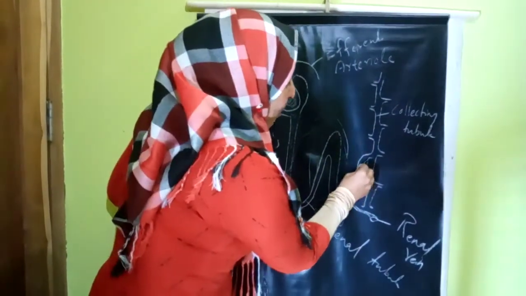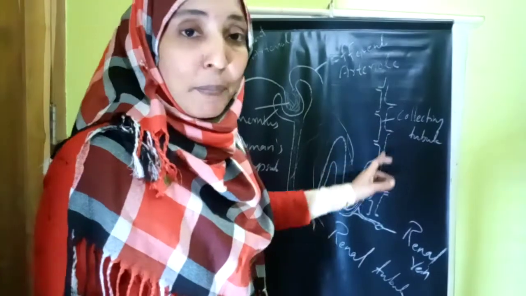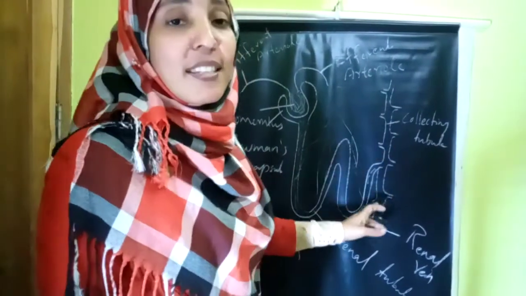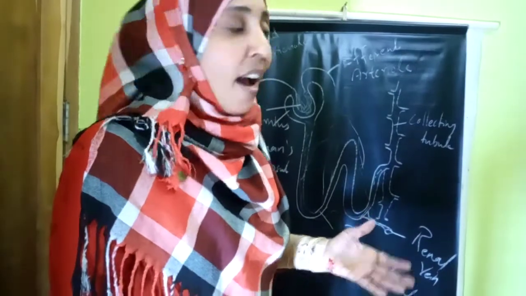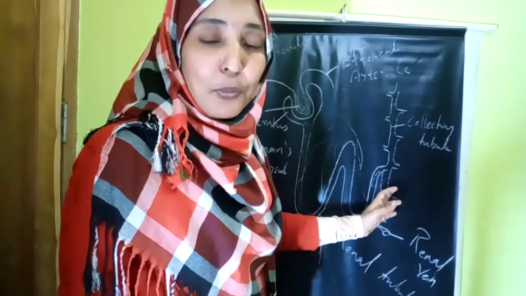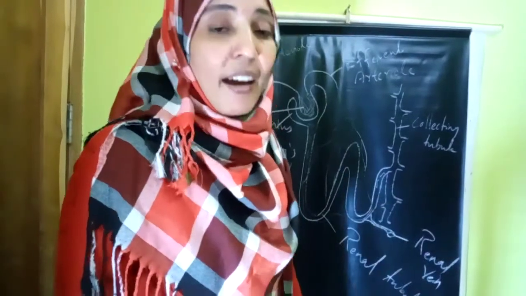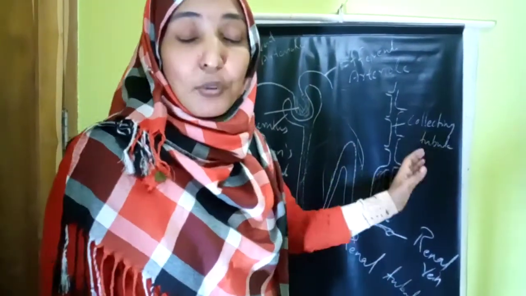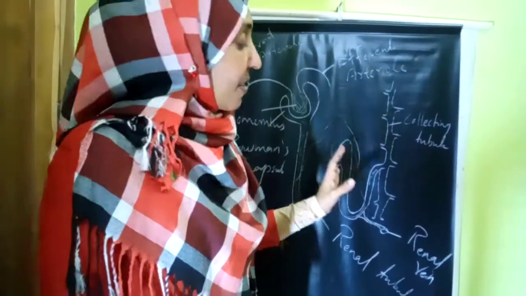This unwanted substance along with water is collected by the collecting tubule, and this liquid form of waste is called urine. The urine from the collecting tubules is collected by the ureter, and the ureters carry this urine to the urinary bladder. Okay, this is the process.